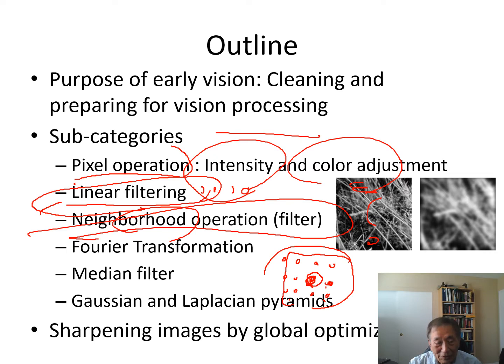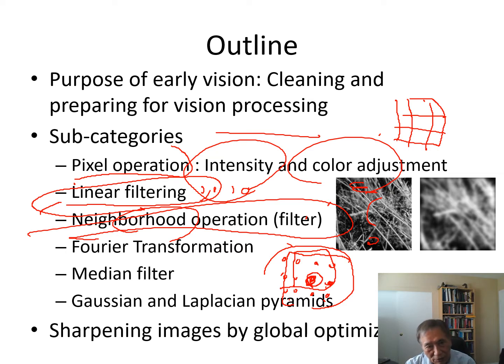Then there is this thing called the filter. A filter is more like a grid that has certain values. You superimpose the grid over the actual image, and according to the filter characteristics, you change the value. That's the idea, and that is actually convolution. We're going to talk about this one a lot.